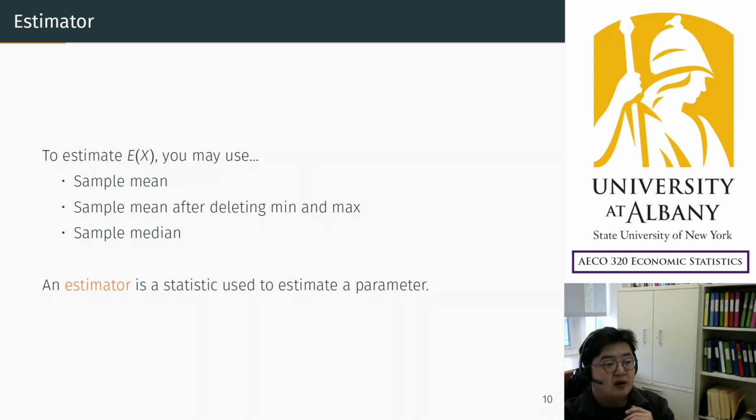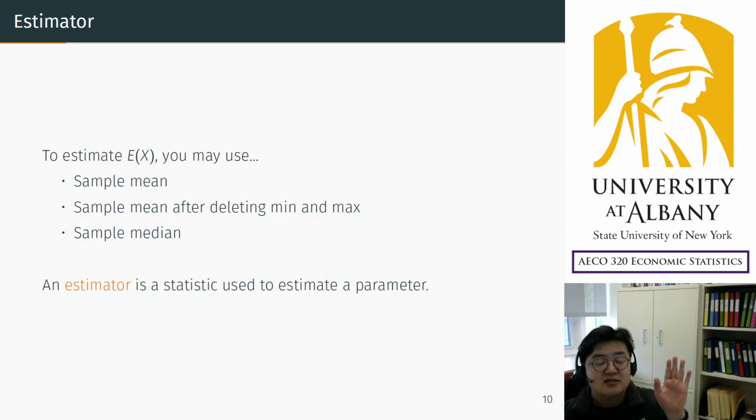As you know, a lot of things can be represented as expectation. For example, variance is another kind of expectation, right? And in binary distribution, the probability can be interpreted as a mean, right? So understanding the estimator of a mean is more useful than you may think, right?